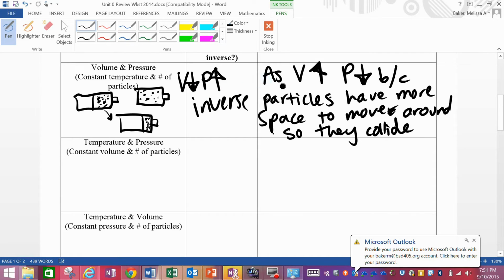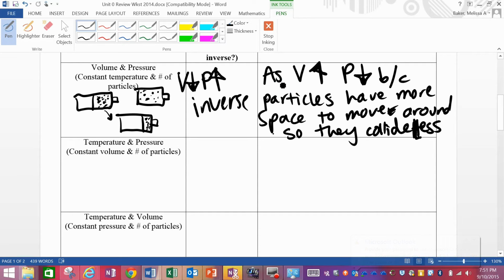Thus, less pressure. As volume goes up, the pressure goes down because the particles have more space to move around, so they collide less.